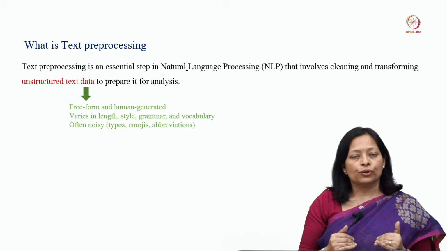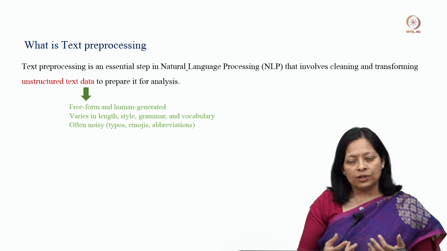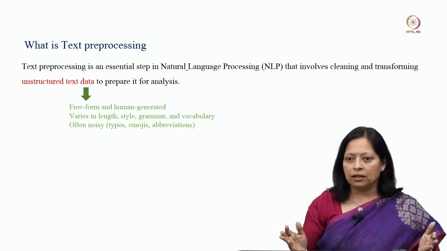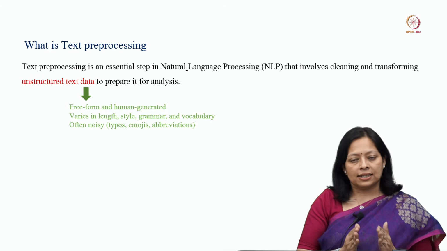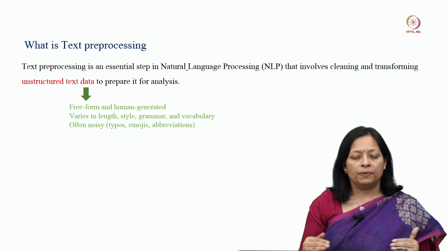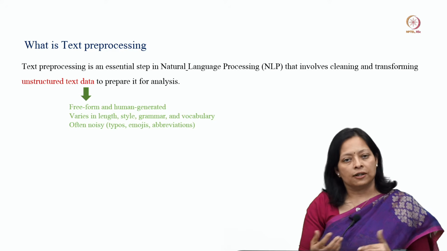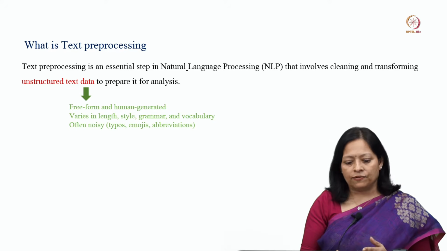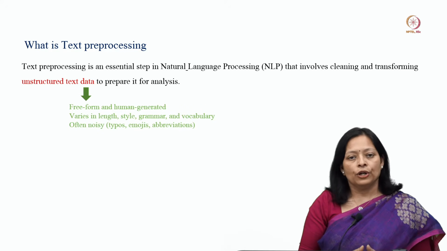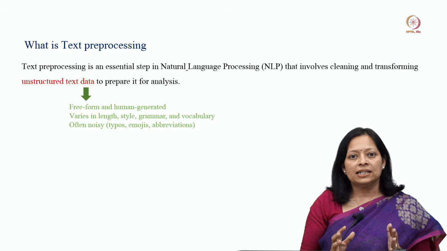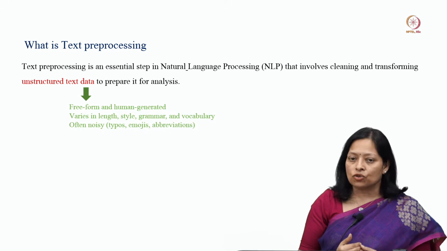As they are human generated, a sentence can be of any length depending on how the user wants to convey the message. The grammar may be different, the vocabulary used may be different. So all these things make the text unstructured data.